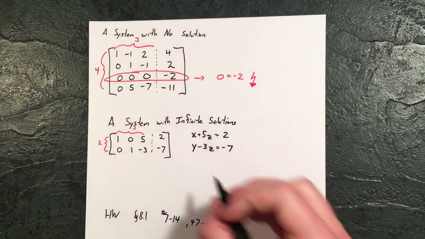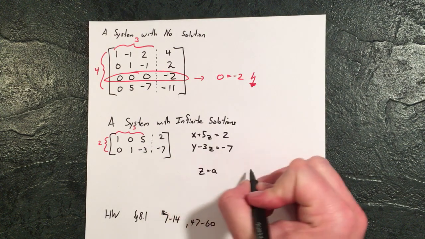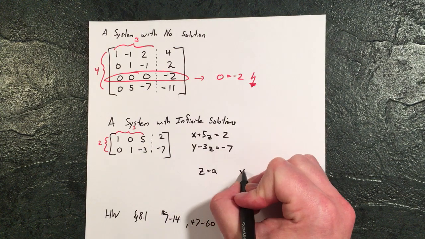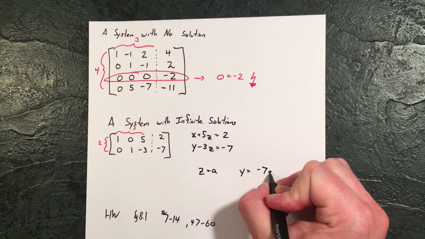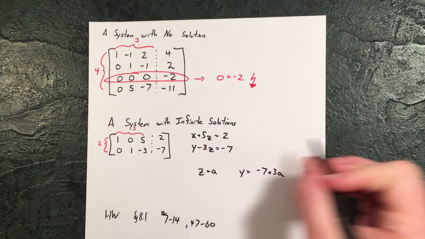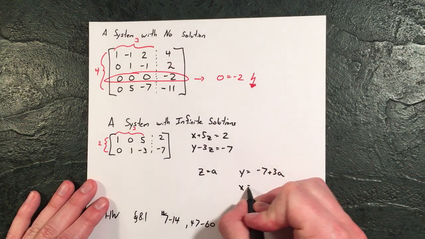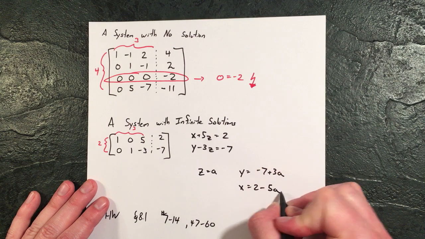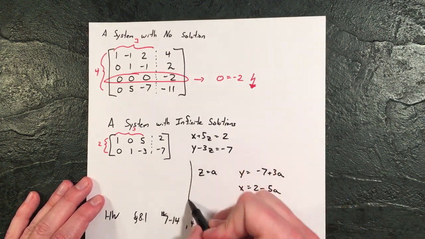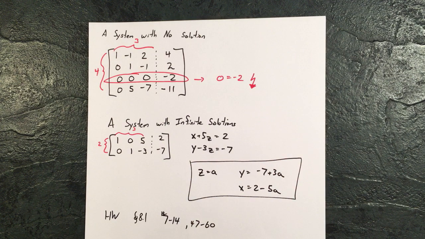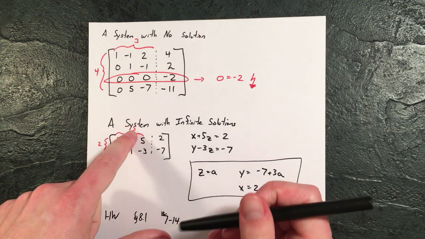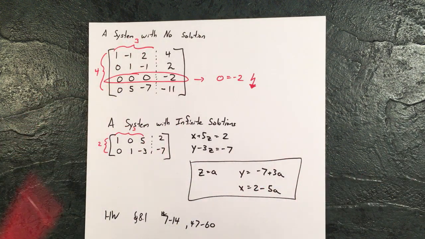You can say, well, if z is a, then y equals -7 plus 3a. x equals 2 minus 5a, and these would be our set of infinite solutions. The big takeaway is if they're of different sizes, you know something weird will happen.